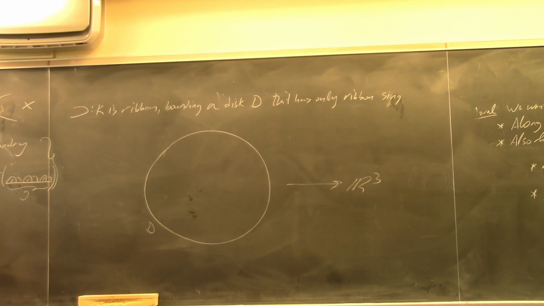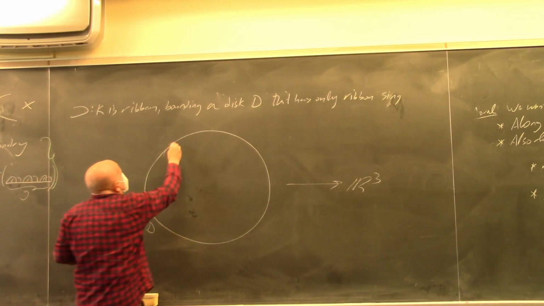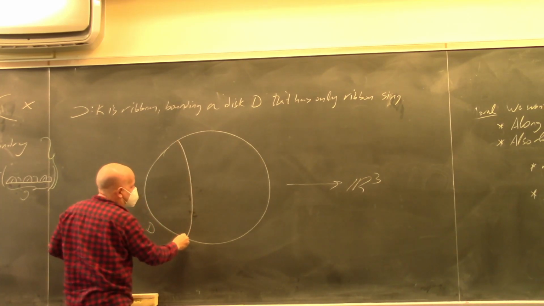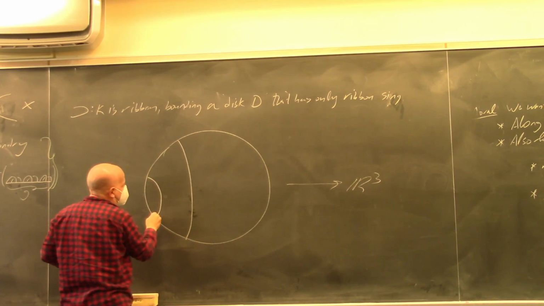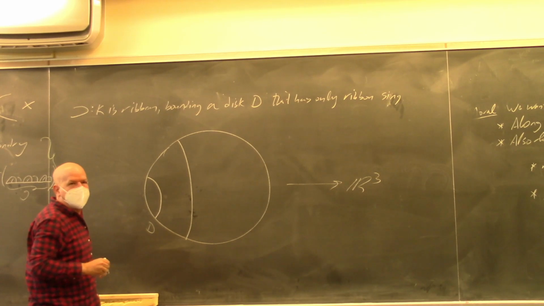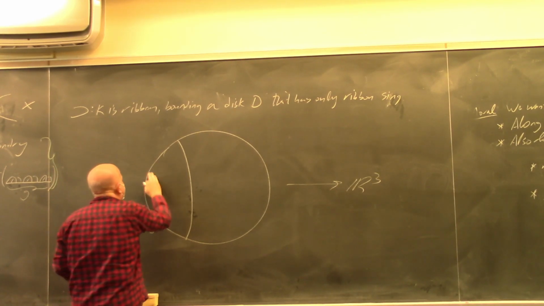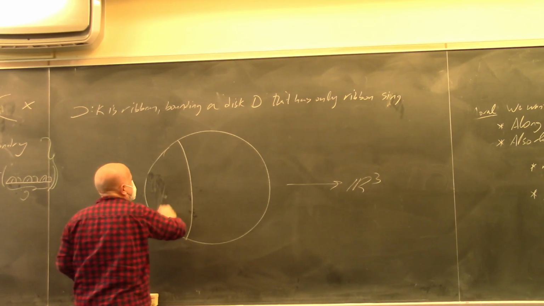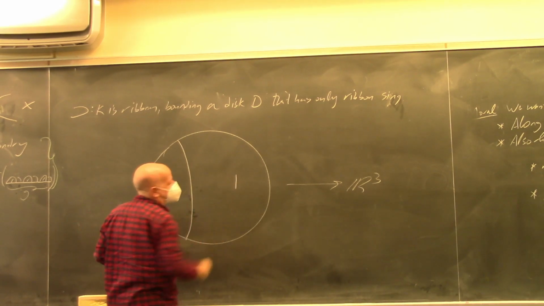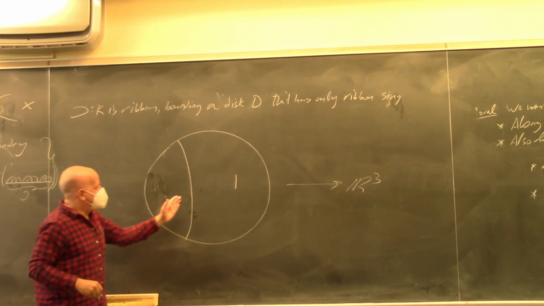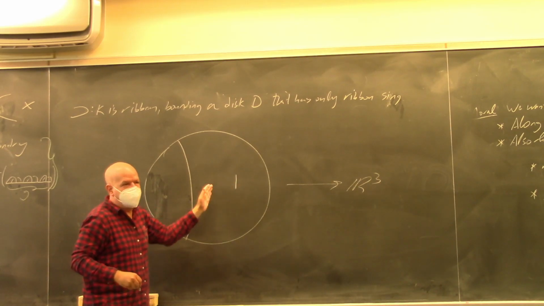One line goes from an internal point to an internal point, and one line goes from the boundary to the boundary. So every singularity is really a pair of lines, and these are paired.